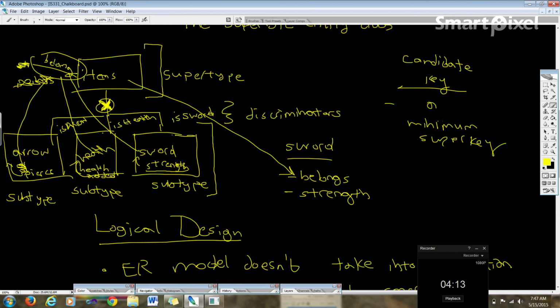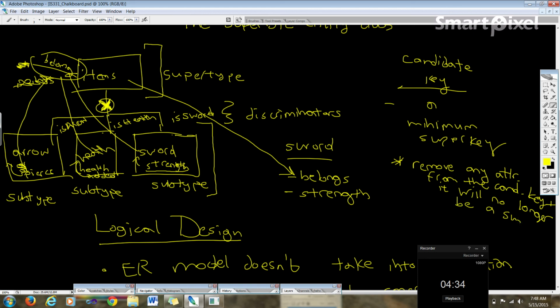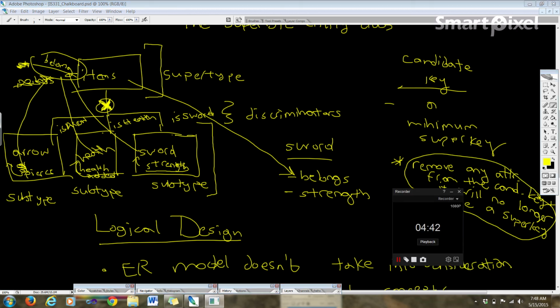If you remove any attribute from the candidate key, it will no longer be a superkey. Right? And I'll leave off there, and we're going to pick up where we left off in the next tutorial.